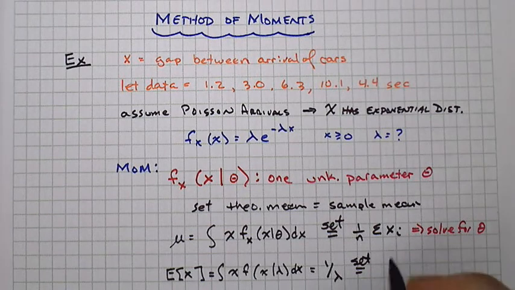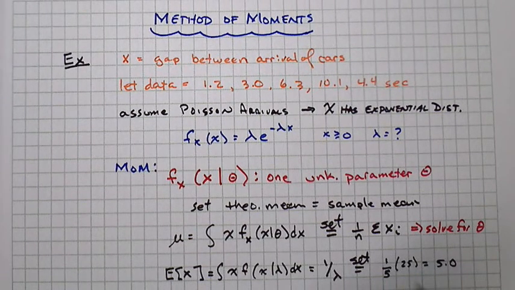That is 1 over n, and we have 5 of them, and the sum of the x values turns out to be exactly 25. So we'll have that equal to 5 seconds, and therefore lambda in our point estimate approach is 0.2 inter-arrivals per second. That's our lambda rate. So that's our first example, a one-parameter example of how we might use the method of moments to come up with our parameter estimation.